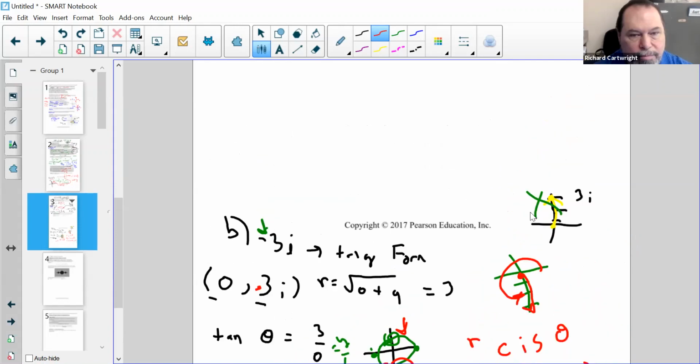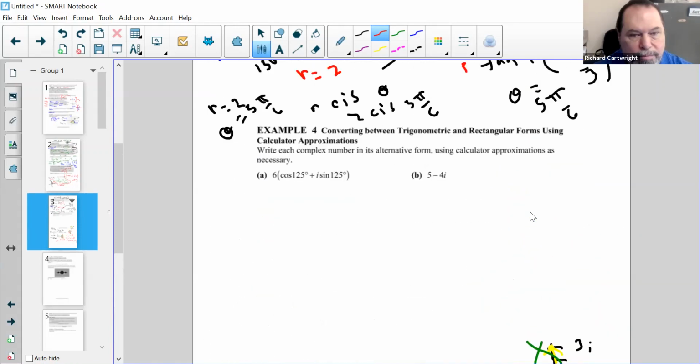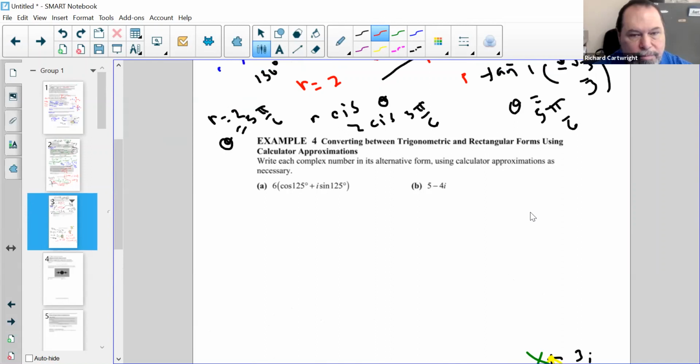Okay, moving back up. There were more problems on this page. Write each complex number in its alternative form using calculator approximations. Well, guys, good luck. I don't have my iPad, so I don't have my calculator.